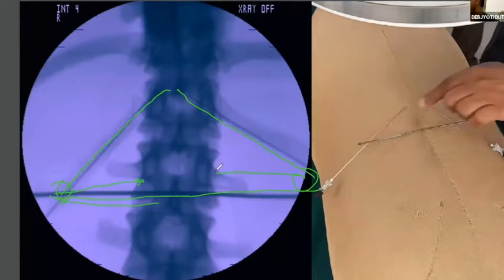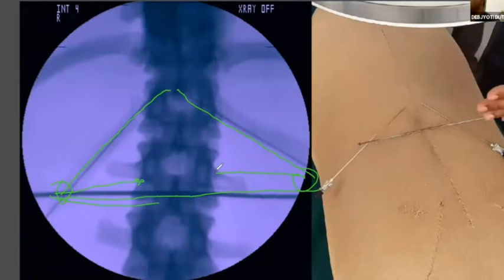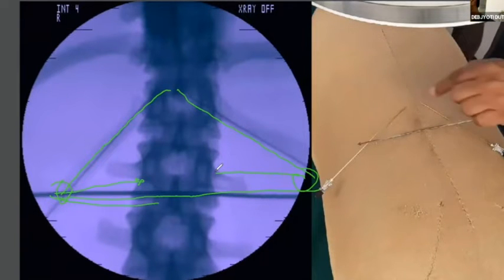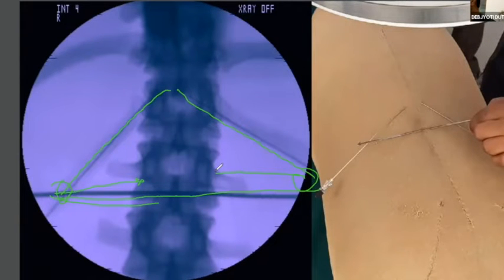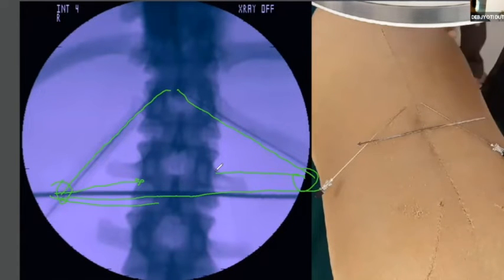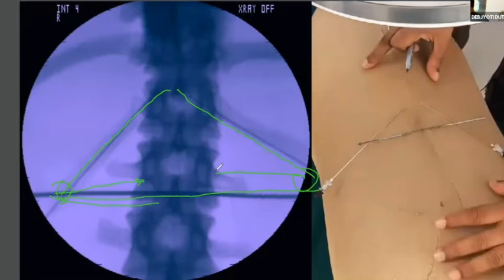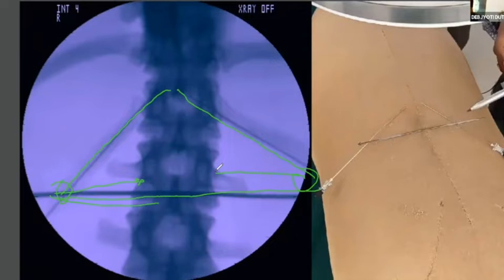One is drawing a line along the 12th rib and another line along the L1 spinous process, and where these two lines cut, that is the needle entry point. The second way is taking a horizontal line 5 to 7 centimeters from the midline, which cuts the 12th rib. Or you can palpate the paraspinal muscles, which lie vertically, cutting at the level of the 12th rib. That is another point. So the needle entry point is where it is cutting.